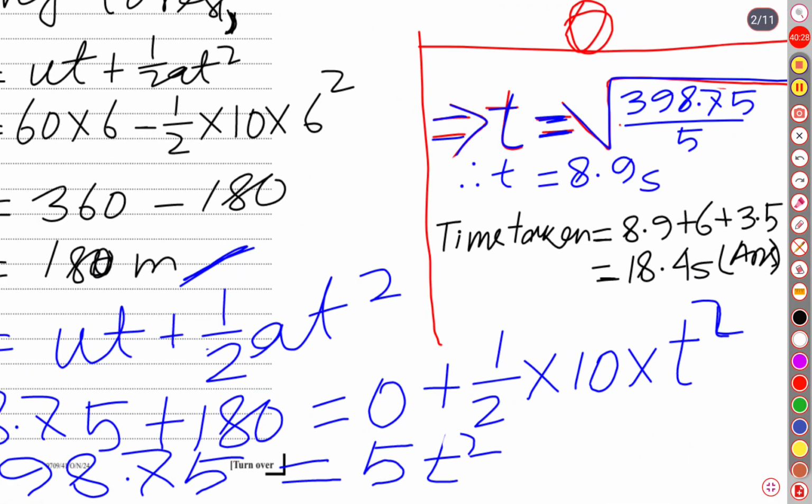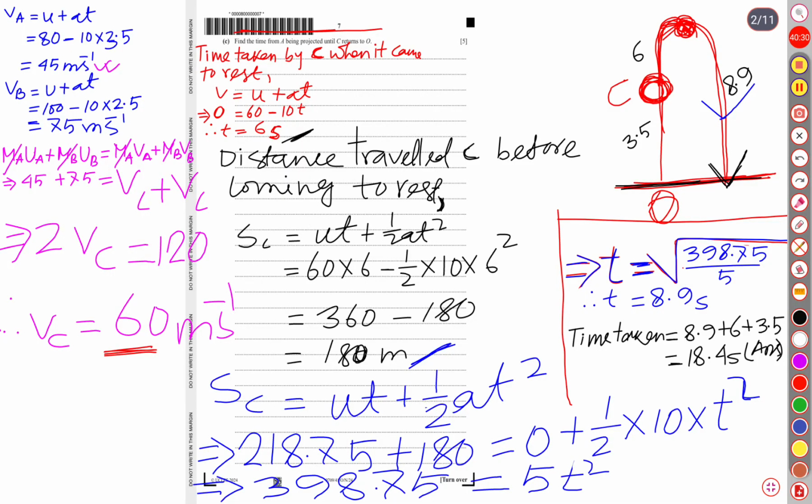So, how did we do them stepwise? In the first step, we found the time taken by C to reach the highest point. After that, we found the time taken by C to reach the ground. Before this, we had already found the time taken by A to reach B, I mean at the time of collision, which was 3.5 seconds from the first question.